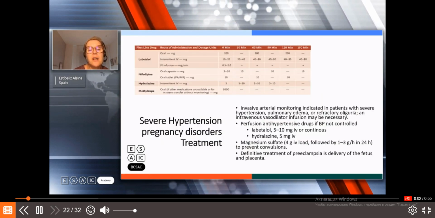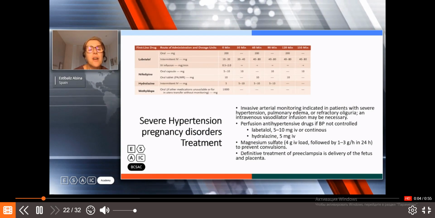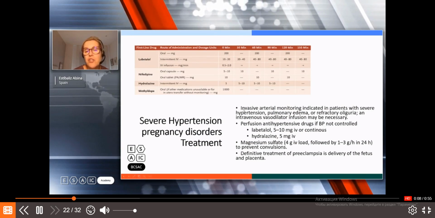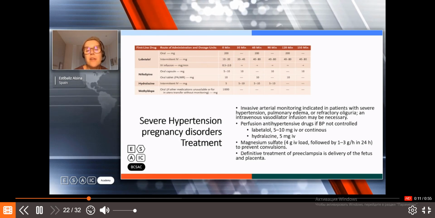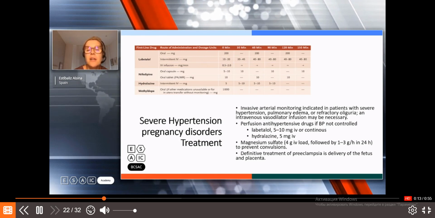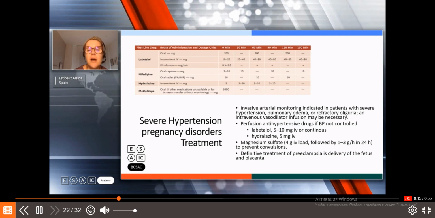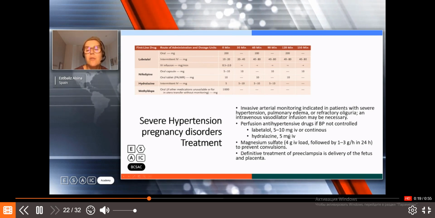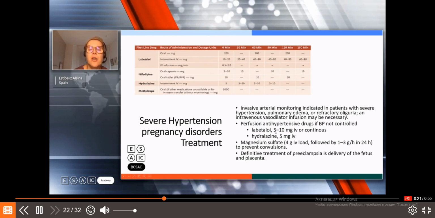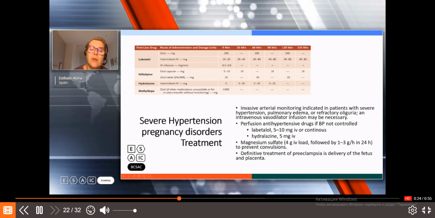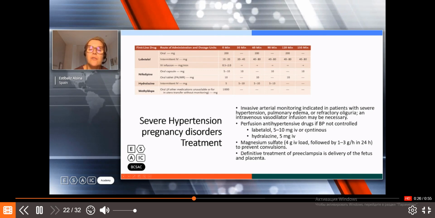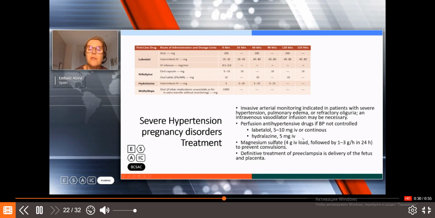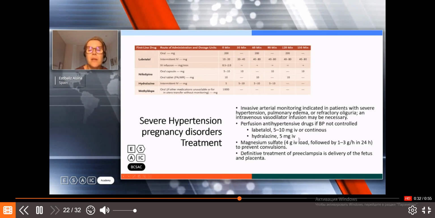And in a severe hypertension disorder, we have to use the intravenous way. We should monitor invasive arterial, and we have to start labetalol either in bolus or continuous plus bolus. And whenever we are going to place the arterial monitoring, we can use hydralazine in bolus of 5 milligrams.